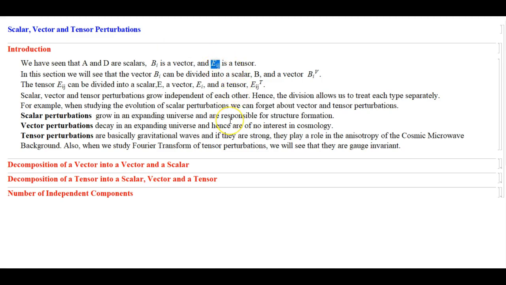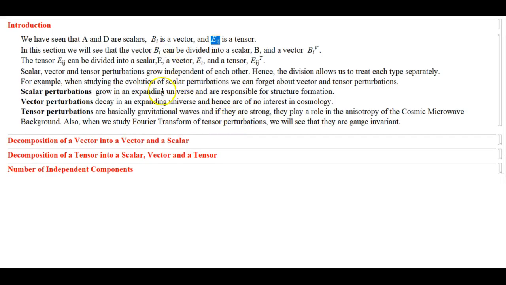So in this lecture, we are going to look at how a vector can be decomposed into another vector and a scalar, which means we can decompose it into two parts. One part contains the scalar and one part will be a vector.